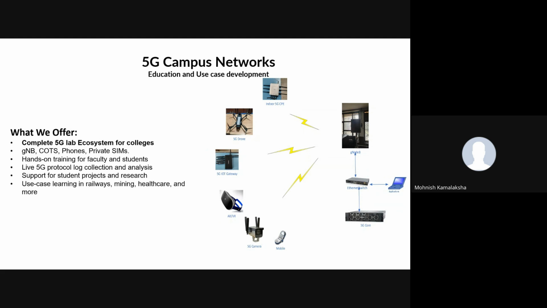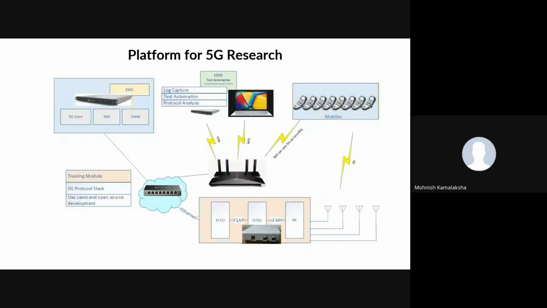As you can see in front of your screens, from the G Node B to the 5G drone, the IoT gateway, AR, VR, we do the end-to-end complete package, whether in terms of curriculum, research, or a center of excellence, which I will talk about again later.